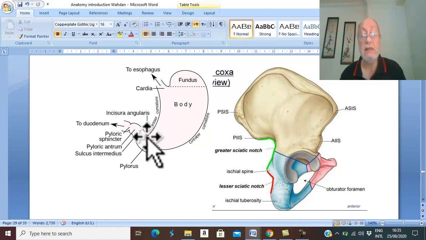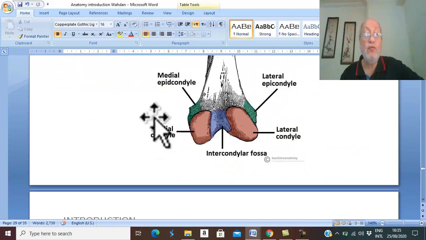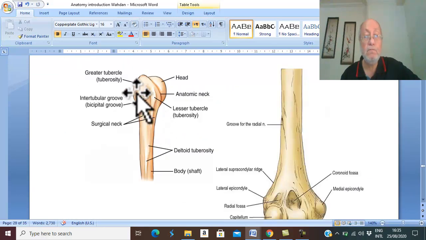Groove or sulcus. This is the typical groove or sulcus. Groove or sulcus means elongated depression, like this. Fissure.